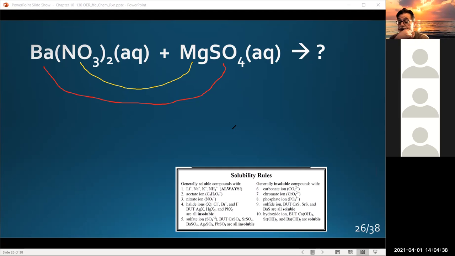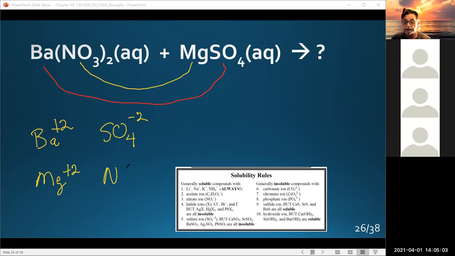Now, before we can do it, I strongly recommend that you first write down the ions, okay? And we know of all of them, because we know that the sulfates are -2 and the barium is a +2. And magnesium is a +2, right?